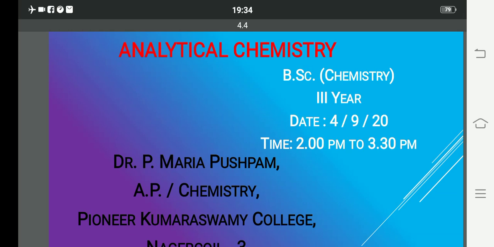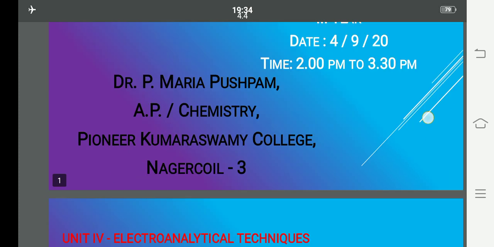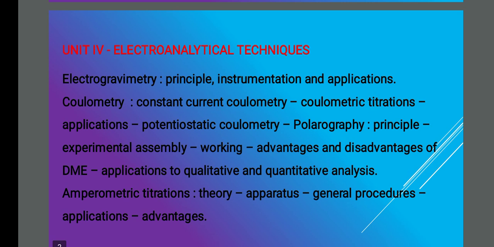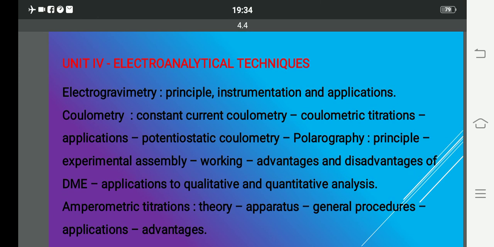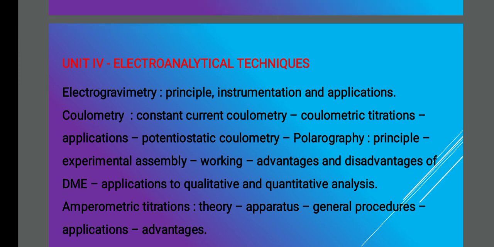This is Maria Pushpam, and for today's class we are going to see the continuity of coulometry. Previously we have seen electrogravimetry, the details belonging to that: principle, instrumentation and application.